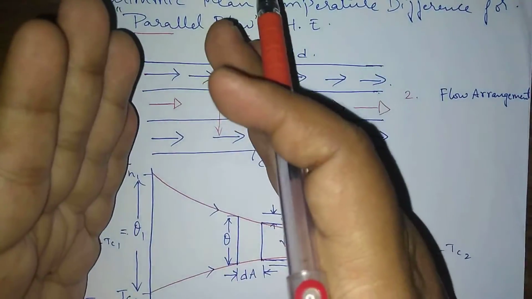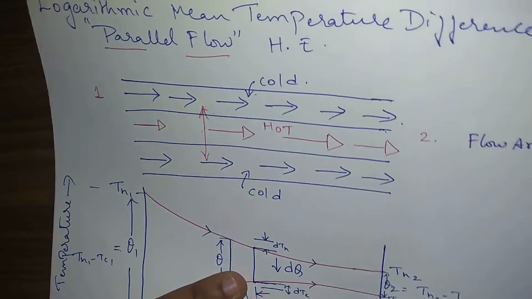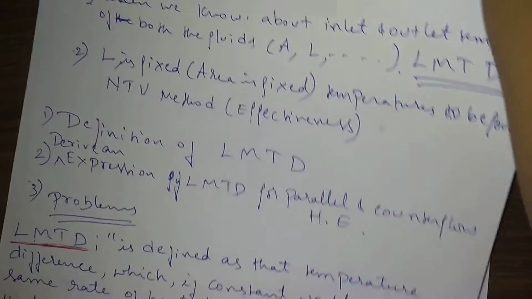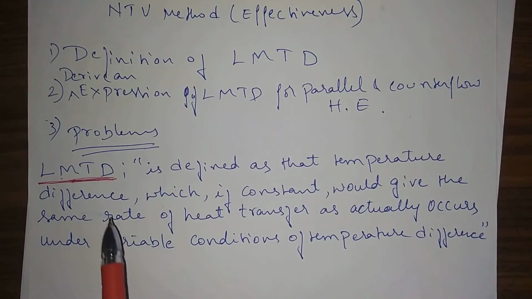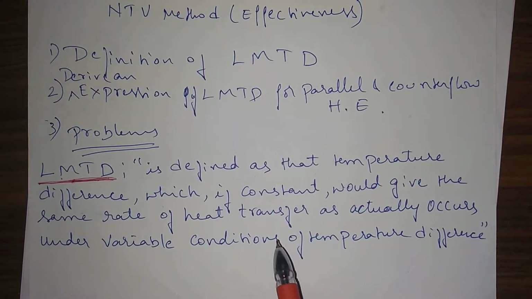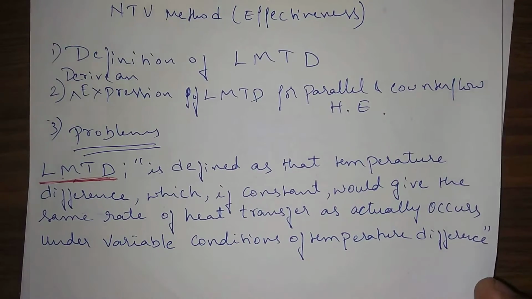If we try to maintain that constant, then what is going to happen? Now I am going to take you to this definition again. LMTD is defined as that temperature difference which, if constant, would give the same rate of heat transfer as actually occurs under variable conditions of temperature difference.